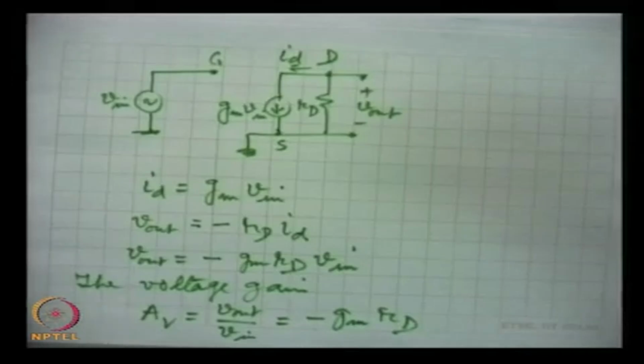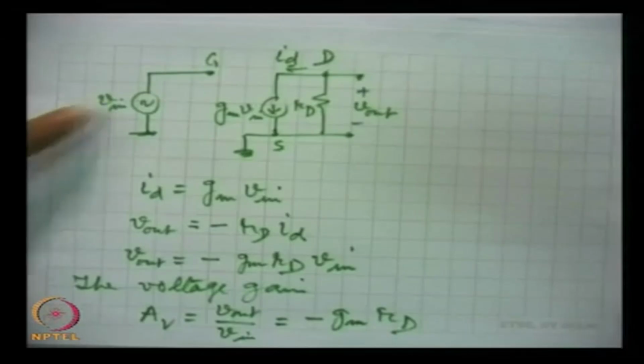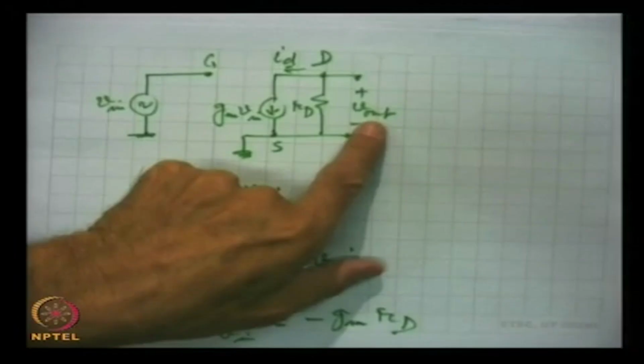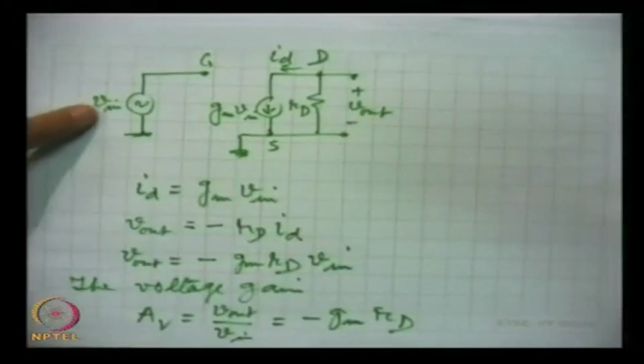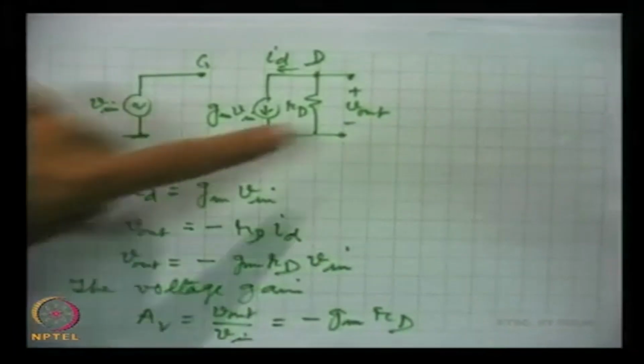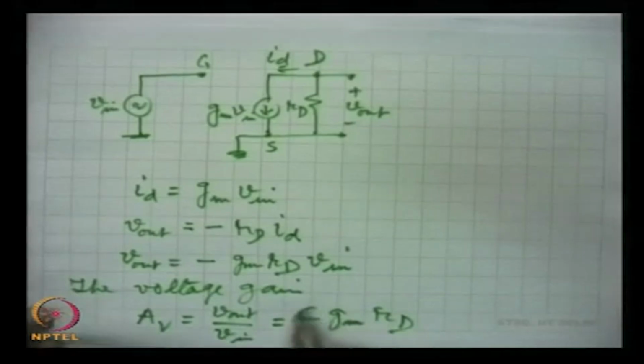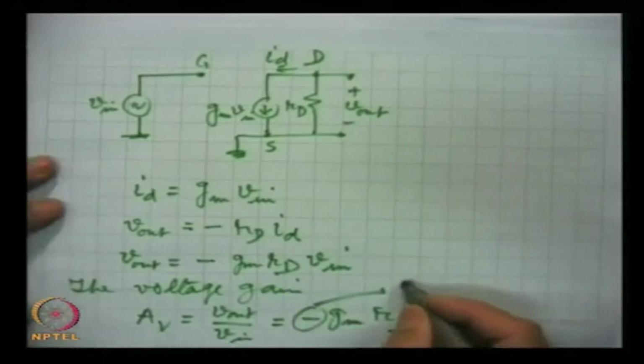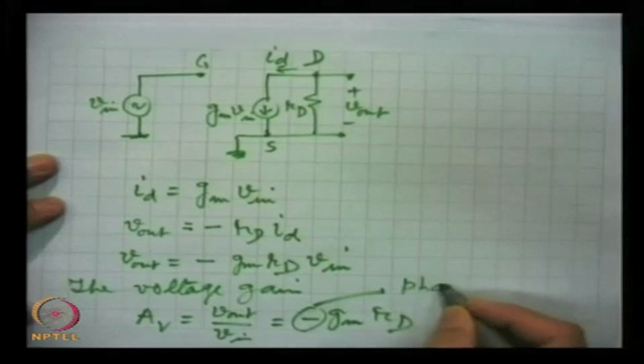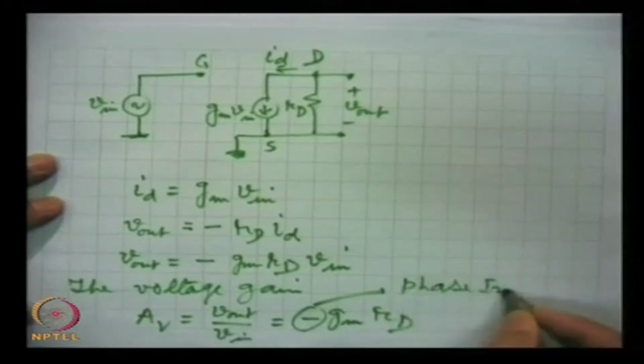This negative sign simply says that there is a phase reversal in this amplifier, meaning when the input, which is a varying signal, is maximum positive, the output will be maximum negative, and so on. That is the meaning of phase reversal. So this sign simply indicates phase inversion.